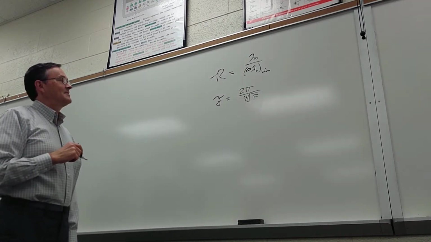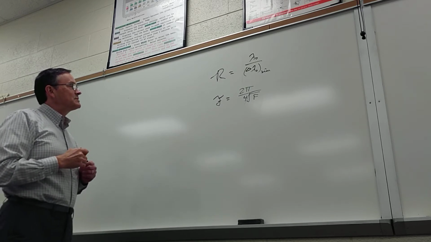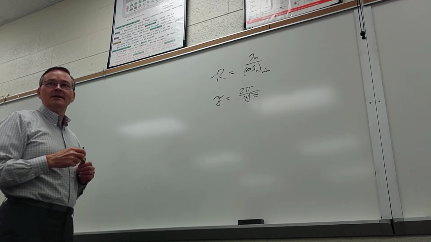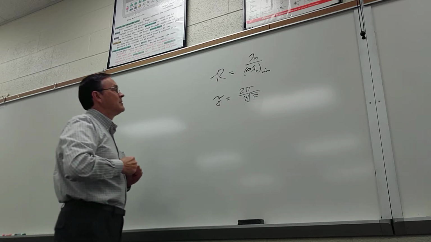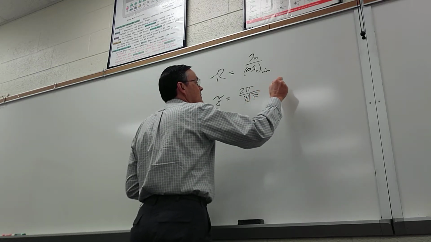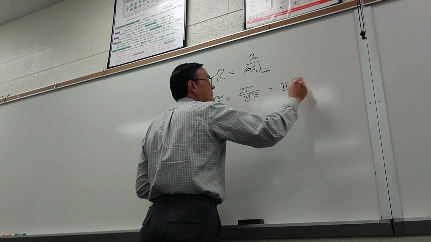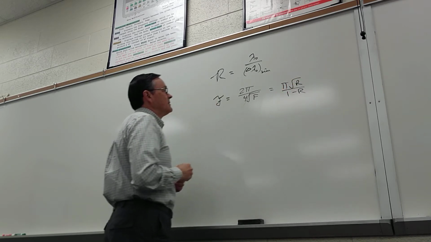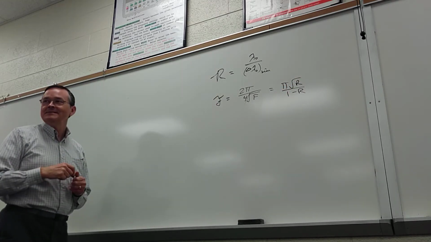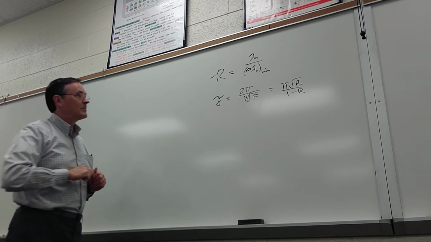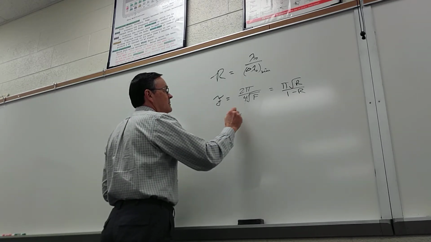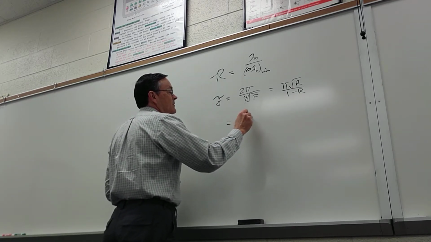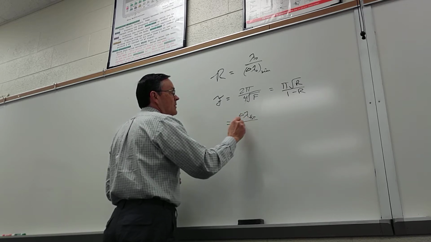Don't we have another expression for the finesse? Pi square root of R over 1 minus R. Okay. Do we have another expression for the finesse? Yeah, it's the separation over the full width at half max, so the free spectral range over delta lambda, full width half max.